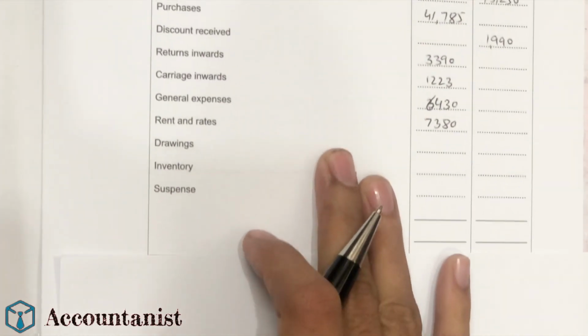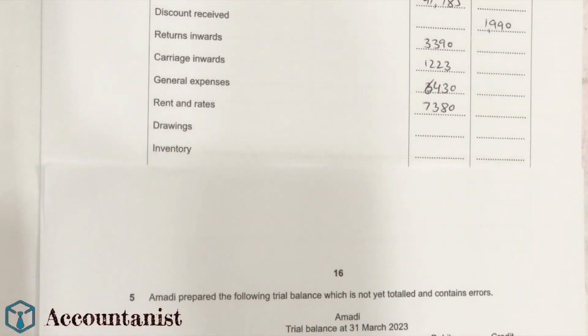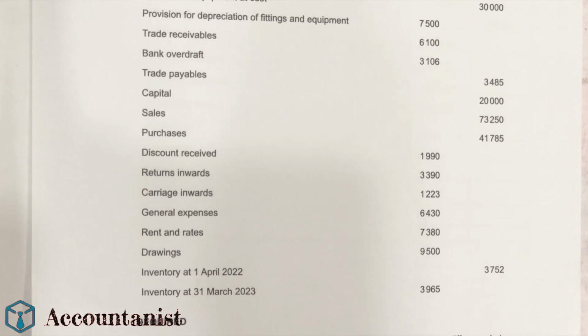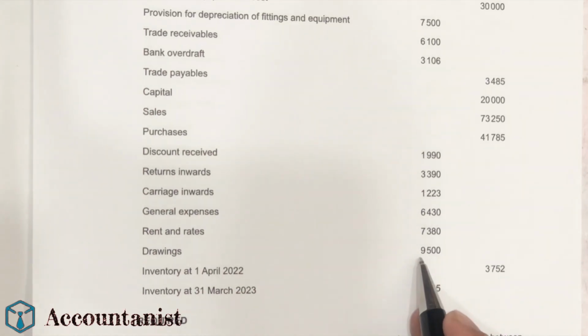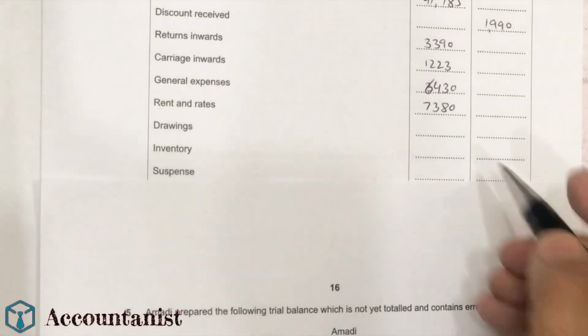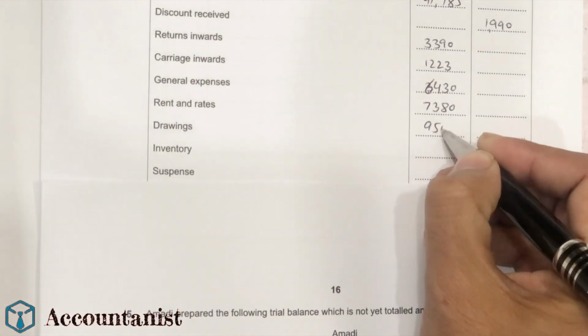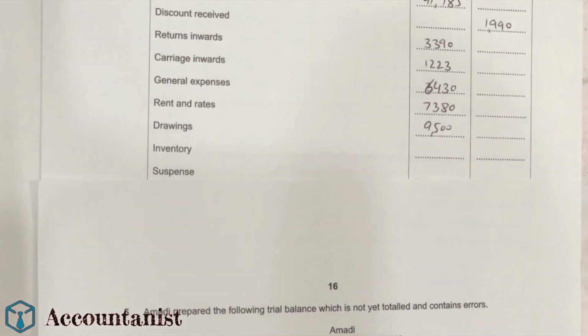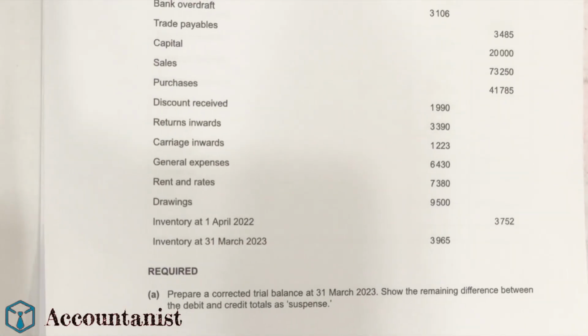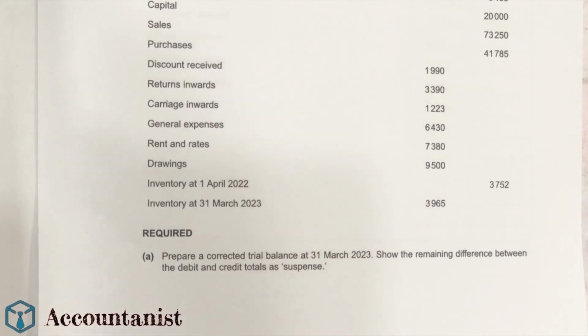We have other figures. We have drawings, and drawings also come up on the debit side because it's the opposite of capital. So 9,500 drawings. And then we will have inventory, opening and closing. We only record the opening inventory.